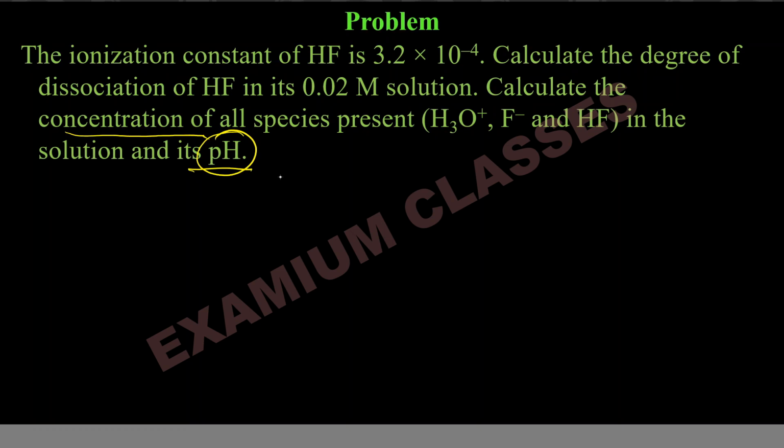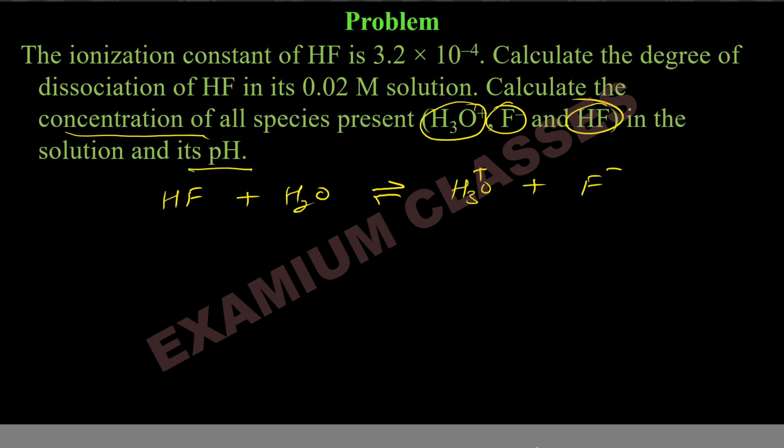For monobasic acid, HF plus H2O will give you hydronium ion plus fluoride ion, and we will consider only this reaction. We will not consider dissociation of water because the equilibrium constant of water dissociation is much less than the equilibrium constant given here. So for this, we will say Ka will be C alpha square divided by 1 minus alpha, and this Ka is given, we substituted that value.